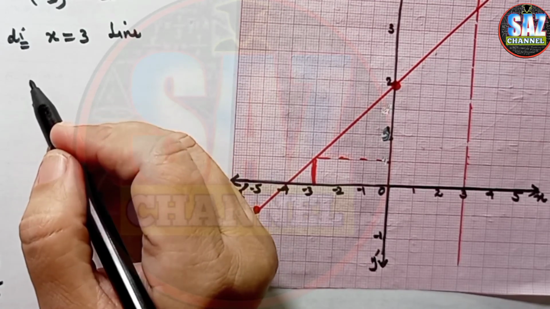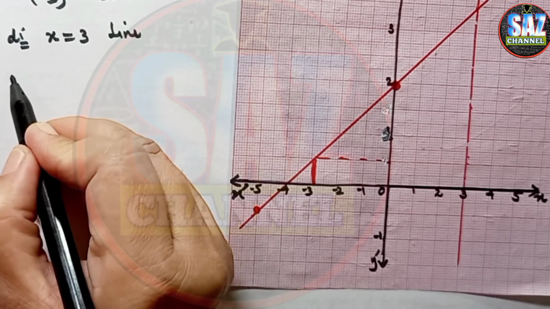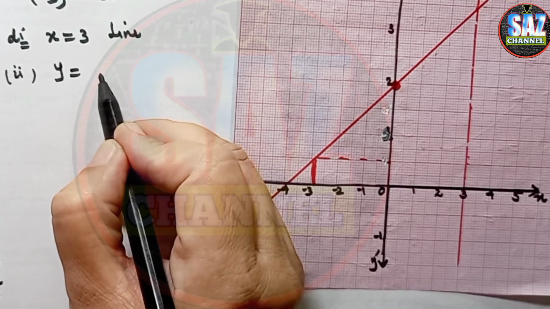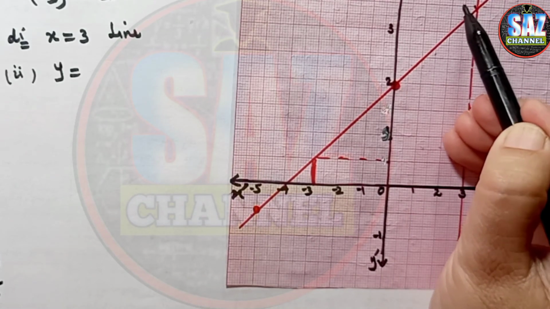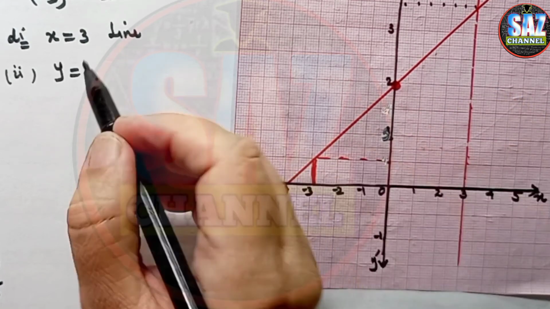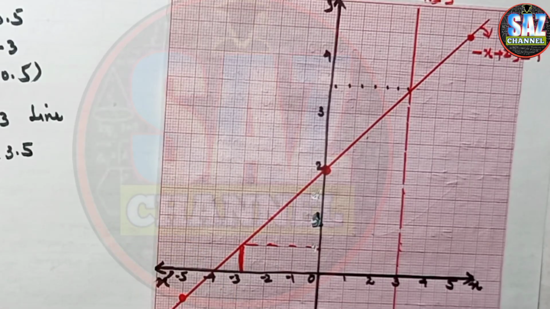The second part says to state the y coordinate of the point. So y will be equal to 3.5, because it's coming right in between 3 and 4. I hope you are clear about this lesson.